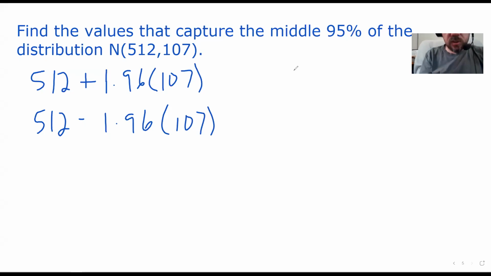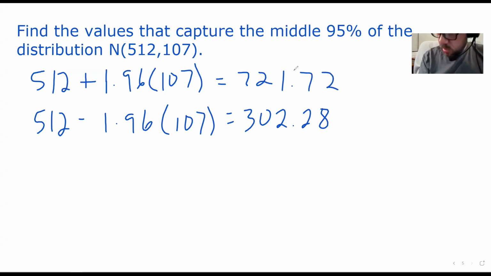All right, see if I can remember those. I wrote them backwards here. 302.28, 721.72.